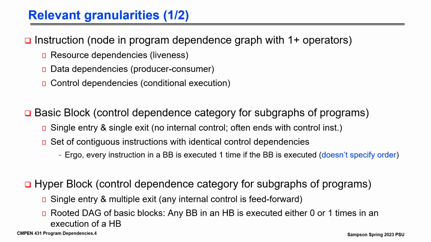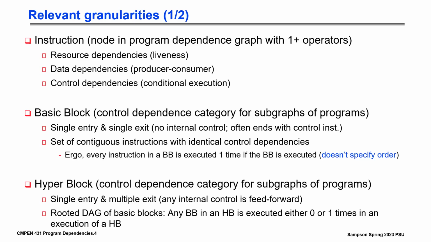Right, so there's subsequent consumers, data dependencies, and then control dependencies. Right, under what particular paths does this instruction get executed at all? Right, so this is about the resources it needs, who it needs to be consuming from and producing to, and does it actually execute at all?